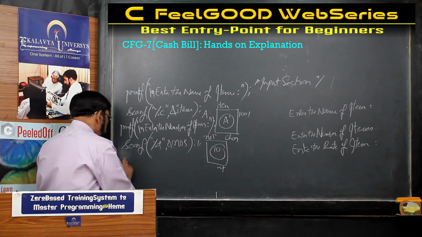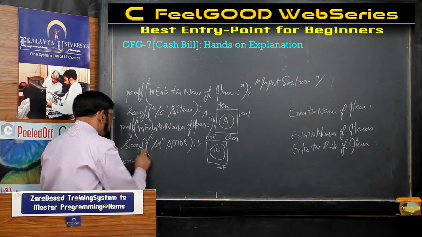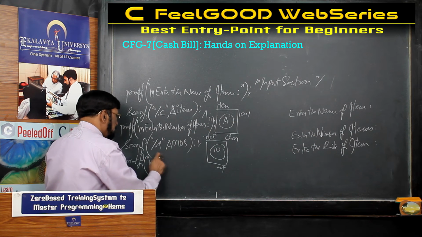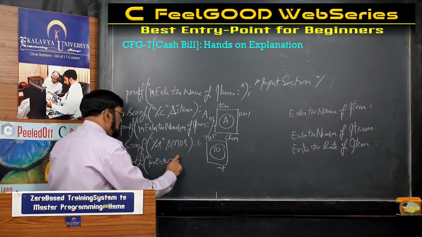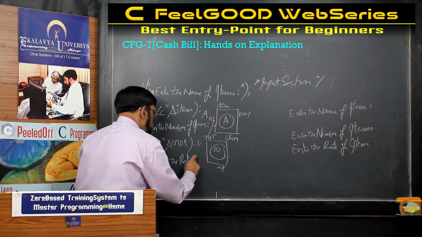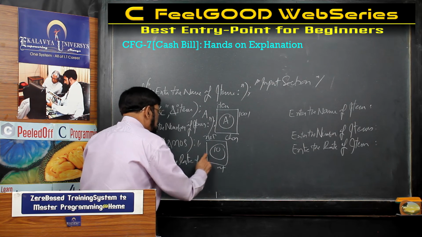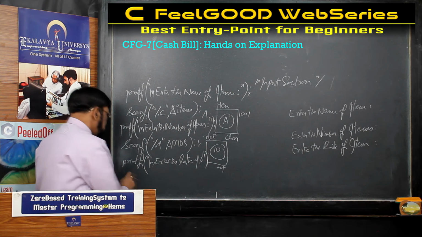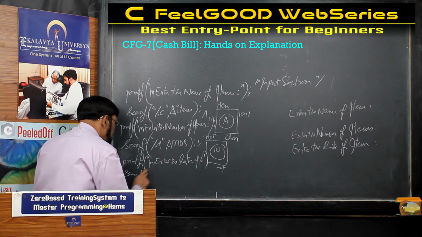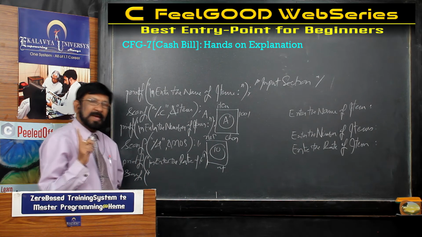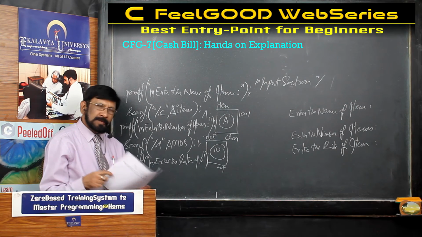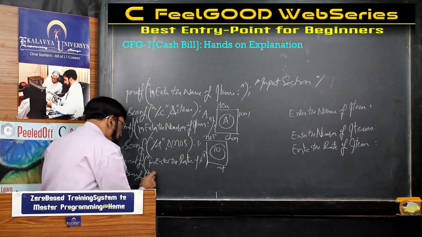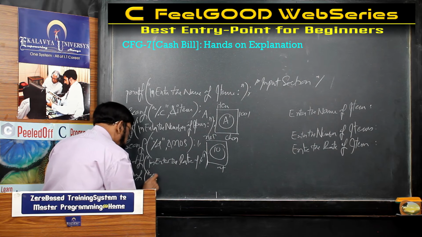Thereafter, next prompt statement you have to write. Enter the rate of item. You know that. Then scanf statement. Now scanf, already I told you. If you write %f, or you can write %g.